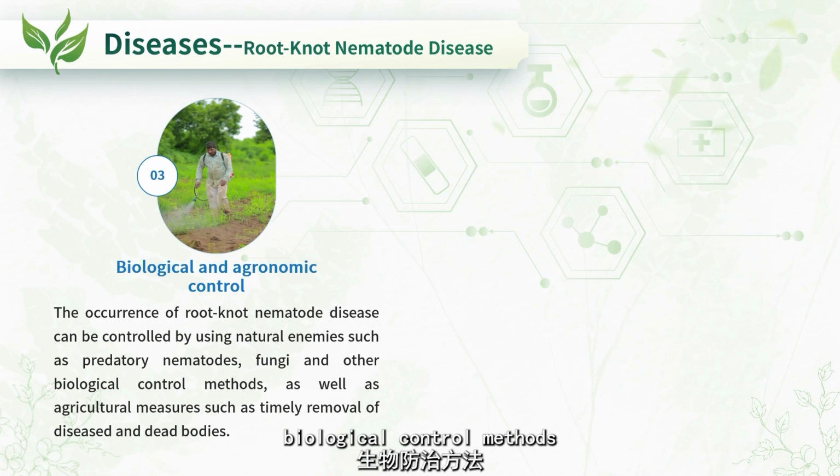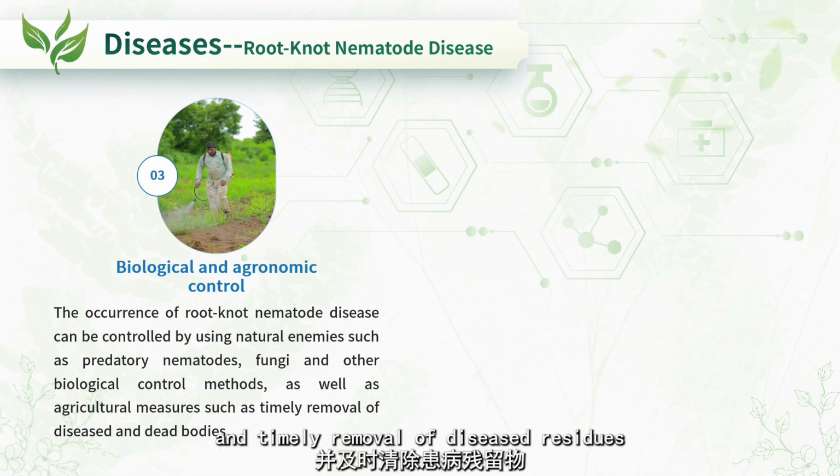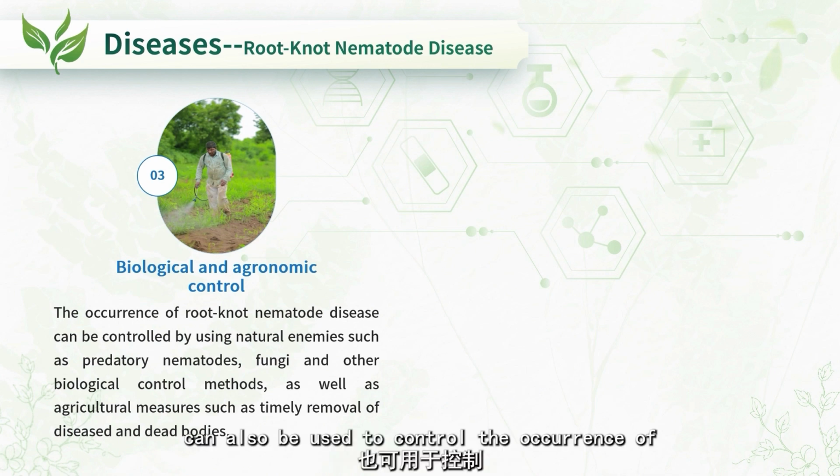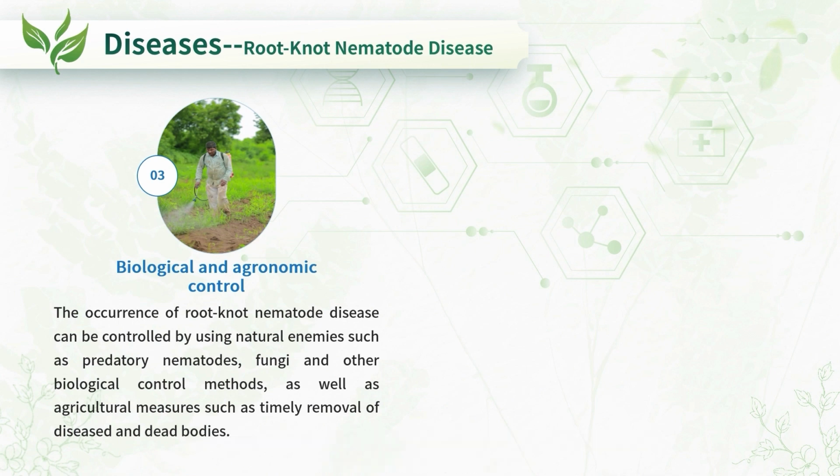Biological control methods such as natural enemies like predatory nematodes and fungi, as well as agronomic measures like reasonable irrigation and timely removal of diseased residues, can also be used to control the occurrence of root knot nematode disease.